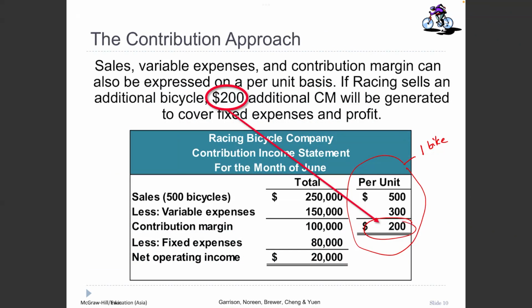It means that if Racing sells an additional bicycle, $200 of additional contribution margin will be generated to cover fixed expenses and profit. You will see later on why knowing your total contribution margin and your contribution margin per unit will help you do the analysis.